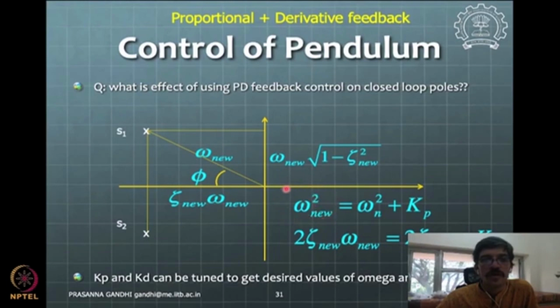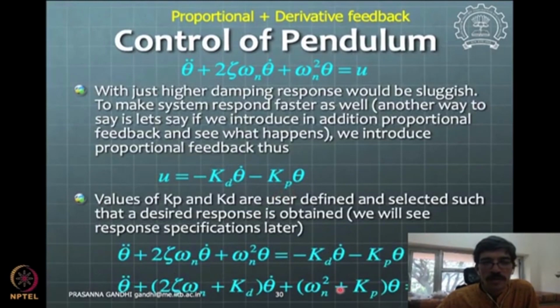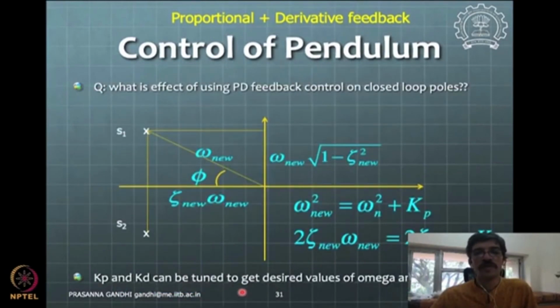We choose omega n based on that. This is our omega n squared, and this is our 2 zeta omega n complete term. So we have a choice in both cases to affect this, and we can choose these gains to have whatever desired omega n and zeta, and based on that our system response will evolve.